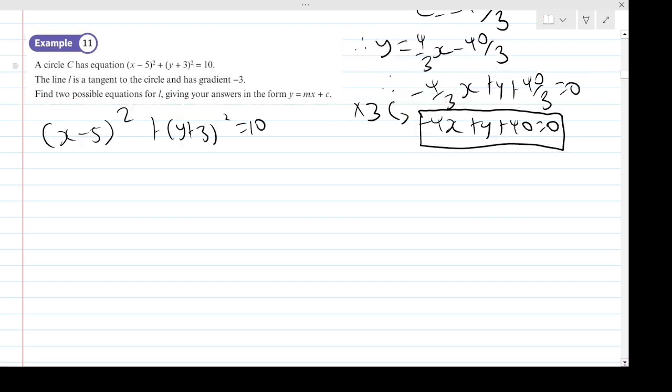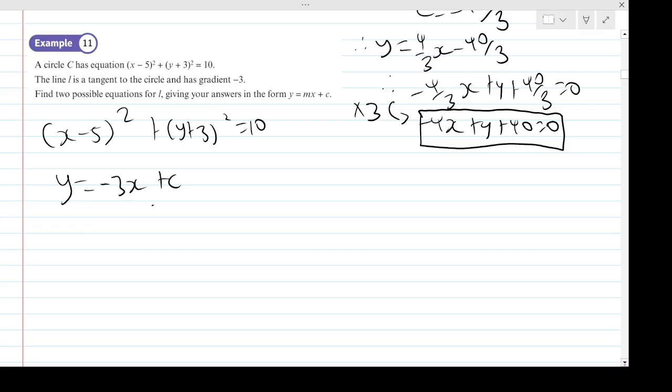And we're given that the line L is a tangent to the circle and has gradient minus 3. So that's y equals minus 3x plus c. We're not told anything about c. We can't work out what c is because we don't know a point on that tangent.